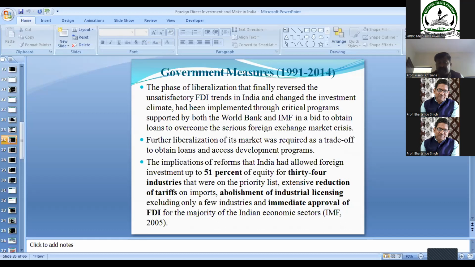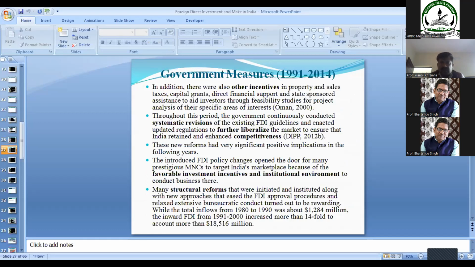Extensive reduction in tariffs on imports, abolishment of industrial licensing excluding only a few industries, and immediate approval of FDI for the majority of Indian economic reform activity. Other incentives were also offered by the government of India over a period of the last 3 decades, such as property and sales taxes, capital grants, direct financial support, and assistance to investors through feasibility studies.